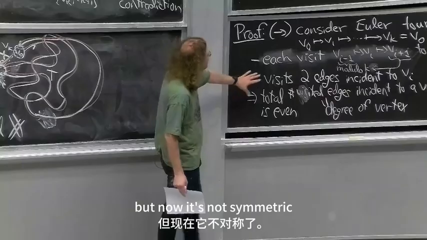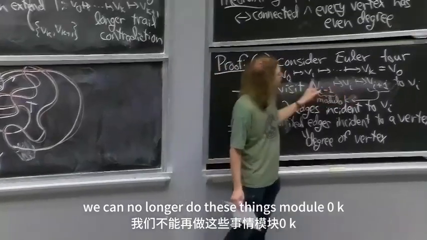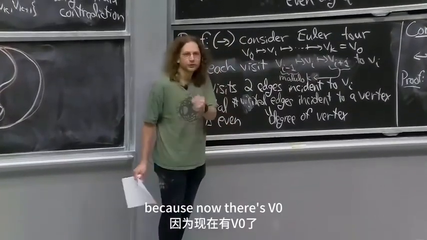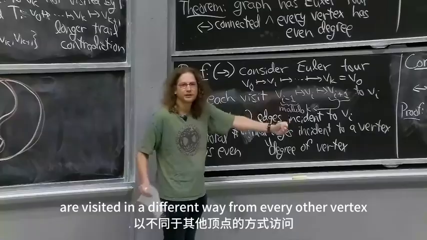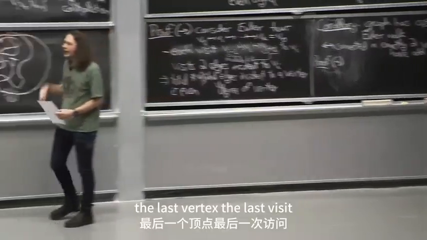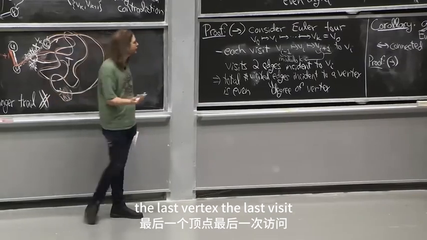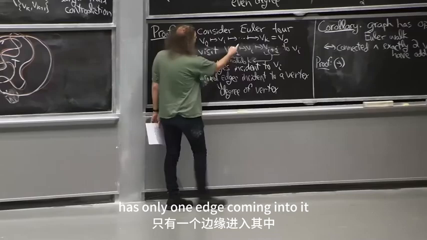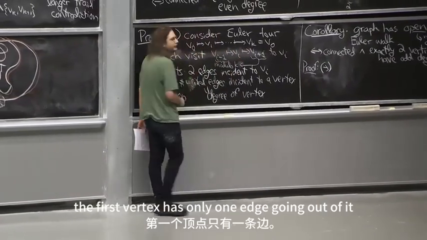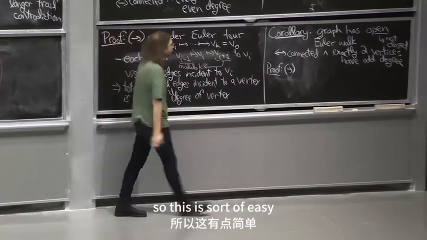But now it's not symmetric. We can no longer do these things modulo k, which was really nice. Every visit looked the same, but now v0 and vk are visited in a different way from every other vertex. And just like we said before, the last visit has only 1 edge coming into it, so that makes this one odd. And the first vertex has only 1 edge going out of it, so that makes that vertex odd. So this is sort of easy.